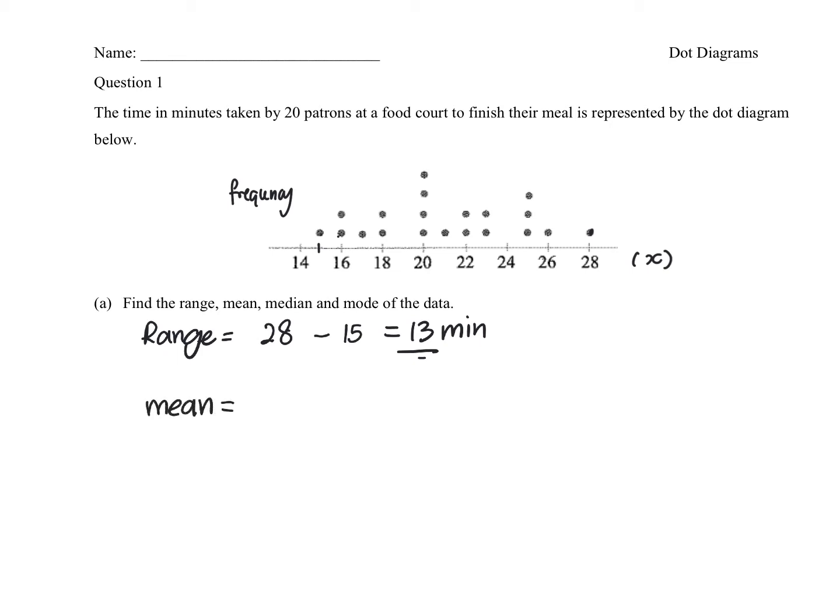is given by summation fx over summation f, which means the data value times the frequency. If I write it in long terms, or rather you can do it in your calculator directly, you don't need to write the whole long series of working.